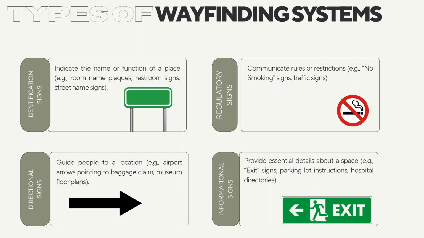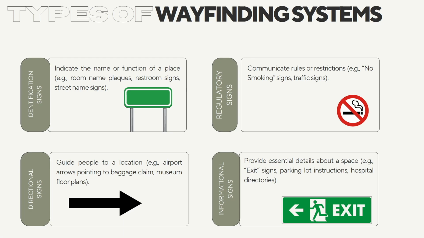The identification signs. This is the name or the function of the place. So room name plaques, restroom signs, street sign names. Regulatory. This is the rules or restrictions communications, the no smoking, the traffic signs. Directional signs are going to guide us to a location.